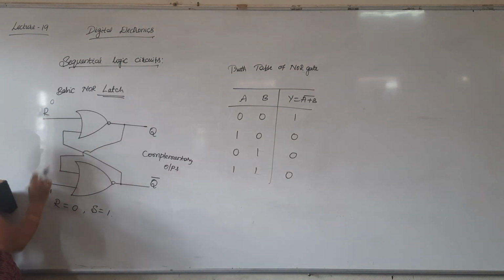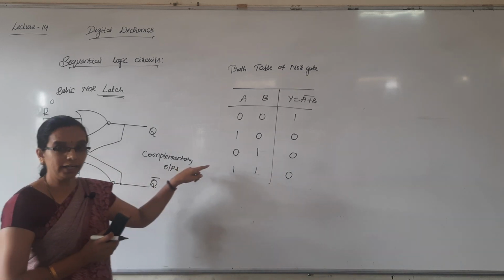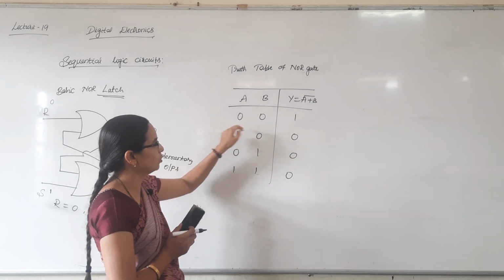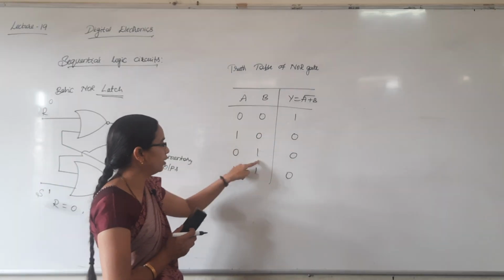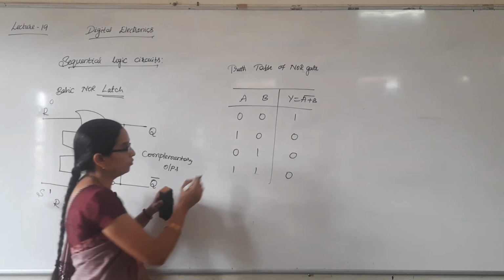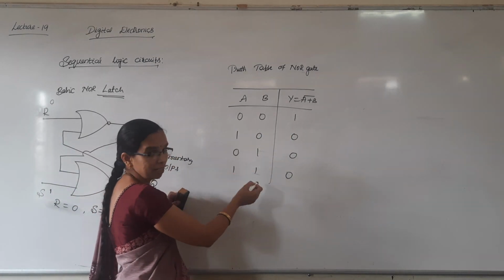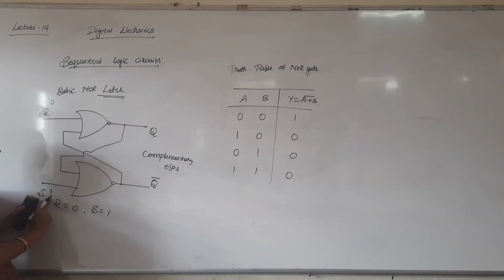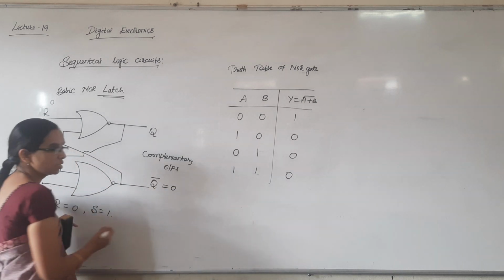If R is equal to 0 and S is equal to 1, what happens? In the NOR gate definition, only if all the inputs are 0, the output is 1. If any one of the inputs is high, or all the inputs are high, the output will be 0. So I have taken S equal to 1, so one input of the NOR gate is 1, then Q bar is equal to 0.